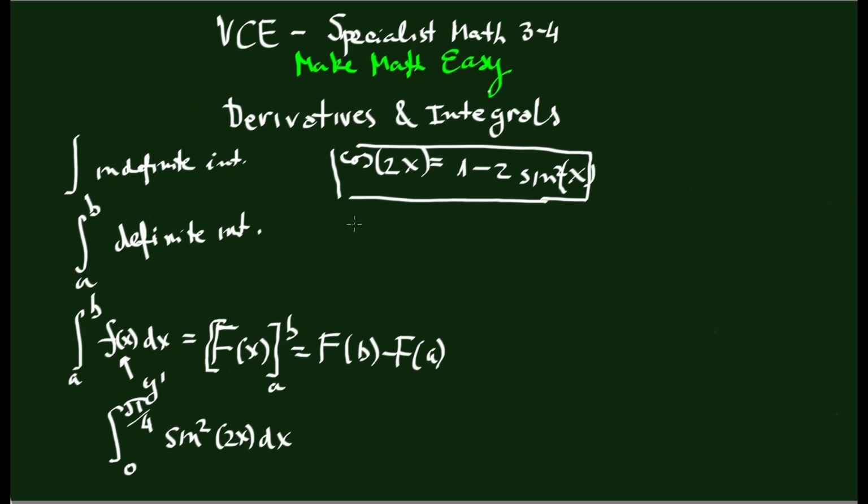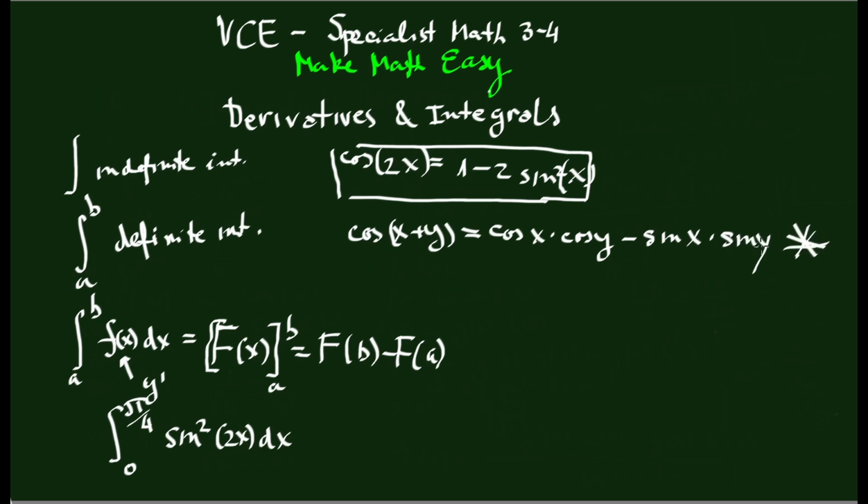The basic one says that cosine of x plus y is cosine of x times cosine of y minus sine of x times sine of y. This is the one you should remember. If you can't remember anything, remember these basic ones, and then we can derive whatever we need.